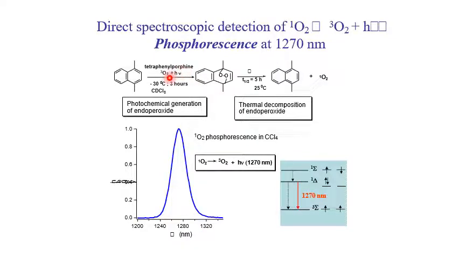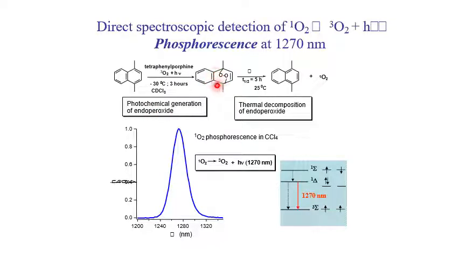In the presence of molecular oxygen, which is triplet in nature, and light, h nu, it will generate singlet oxygen at minus 30 degrees Celsius, with a 3 hour reaction time, in CDCl3. If you do this kind of reaction, endoperoxide bond formation takes place, a photochemical generation of endoperoxide.